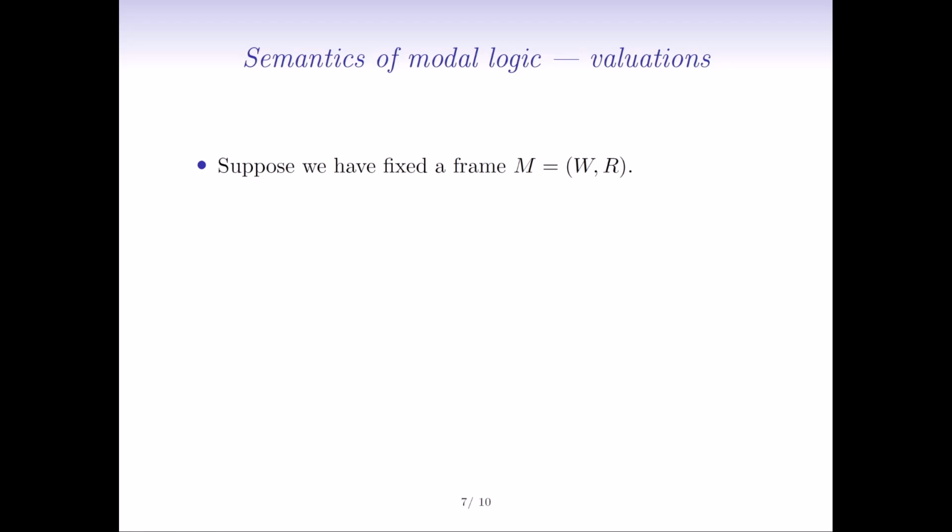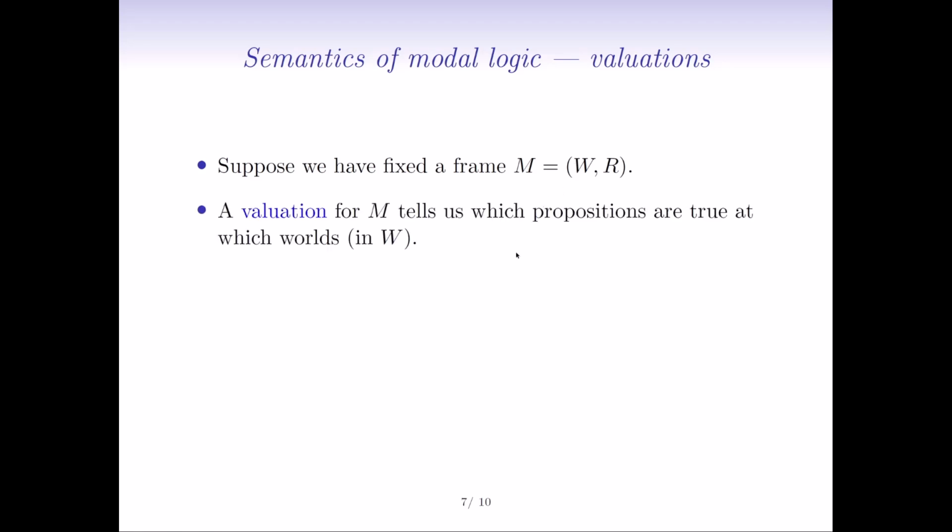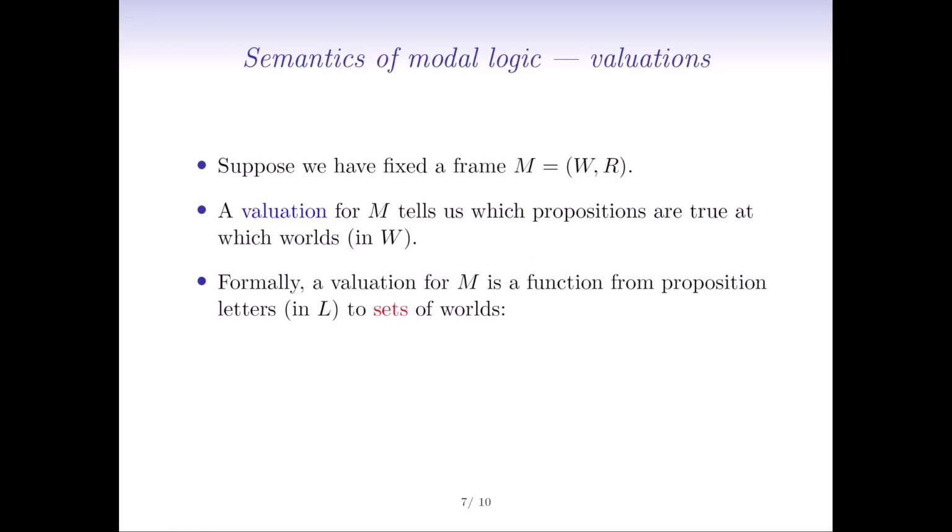A proposition will be true in some worlds and false in others. So let's suppose that we fixed some frame already, so we've chosen our set of possible worlds and our accessibility relation R. Then evaluation, instead of assigning just a truth value to propositions, is going to tell us which propositions are true at which worlds in W.